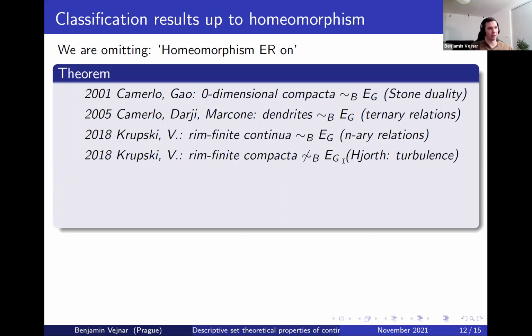Its complexity is not the same as this EG, but it is strictly more complicated. And for the proof, we again use some deep results from Borel reducibility theory, which is called turbulence, which was introduced by Hjort like 2 decades ago.